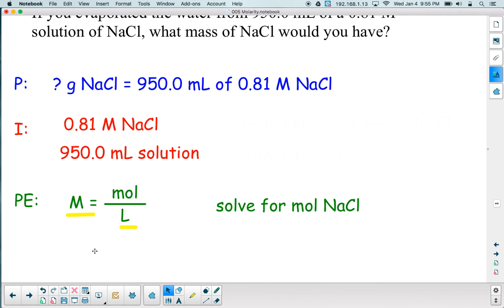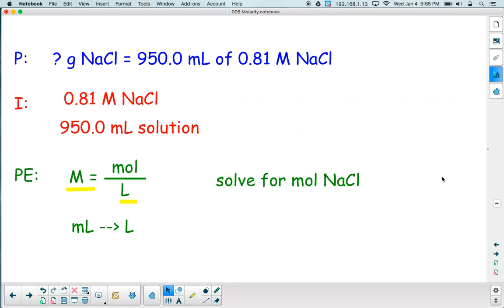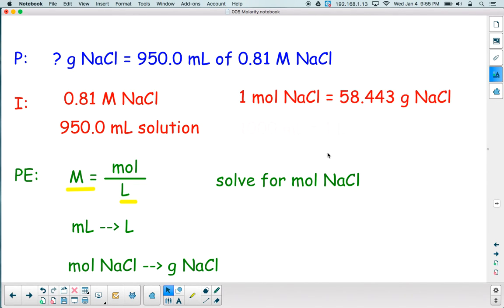But before I can do that, my amount of solution was given in milliliters, so I'll have to convert it to liters. And when I'm all done, since I need to get to grams of sodium chloride, I'm going to have to take the moles of sodium chloride and convert to grams. That's going to require the molar mass of sodium chloride, which you can get from the periodic table, and again, the conversion of 1,000 milliliters being equivalent to a liter.